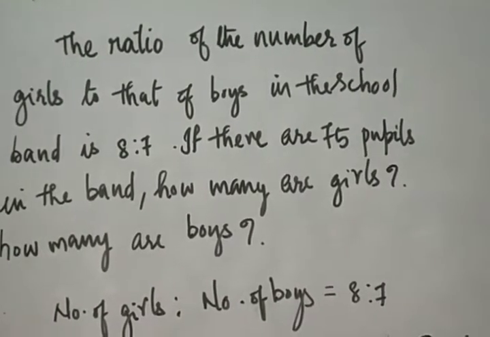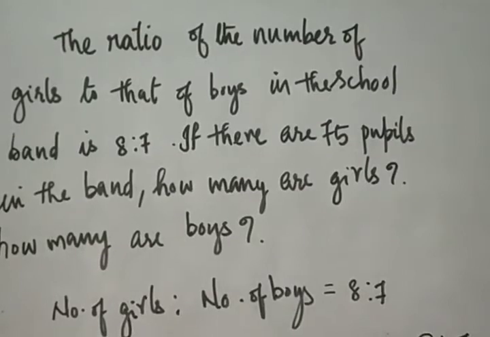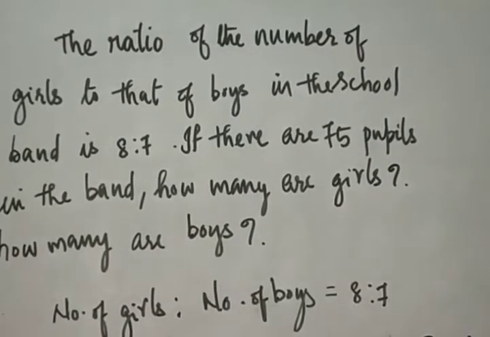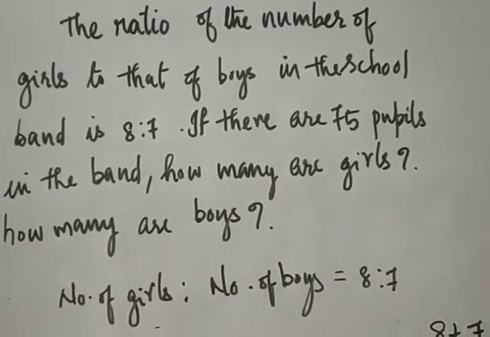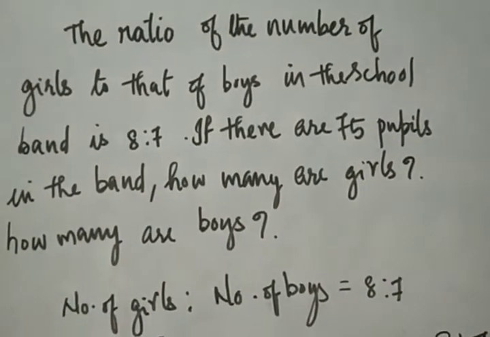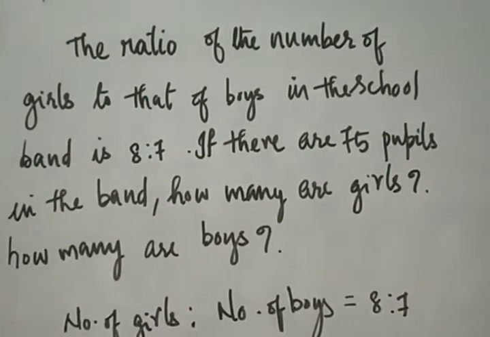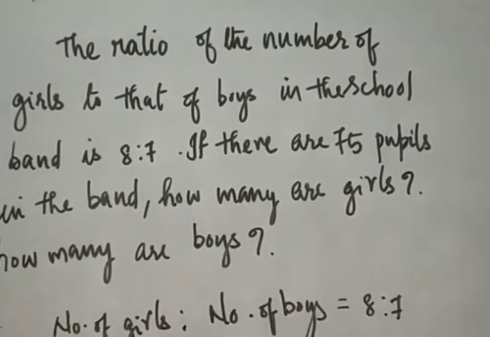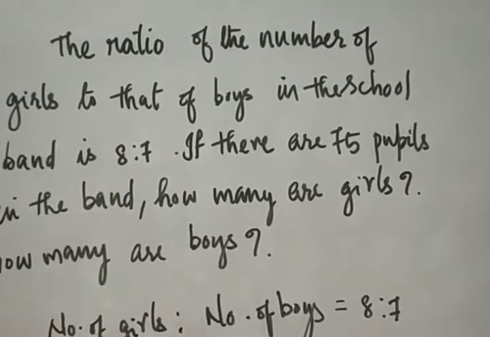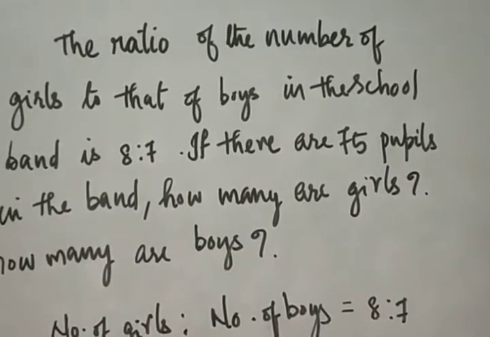The ratio of the number of girls to that of boys in the school band is 8:7. If there are 75 pupils in the band, how many are girls and how many are boys? So we are given the ratio between the number of girls to the number of boys in a school band, and that is equal to 8:7.